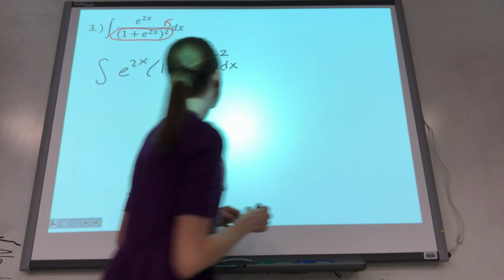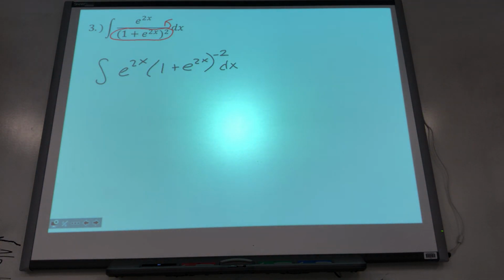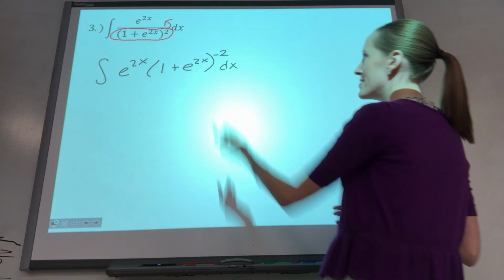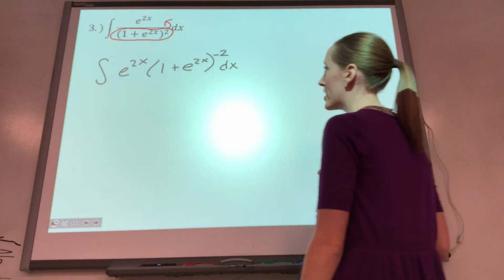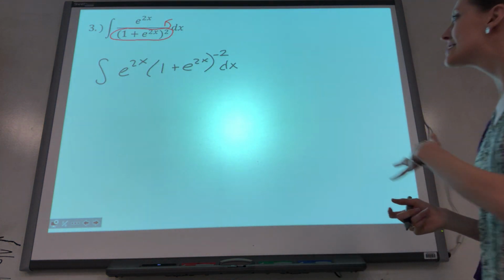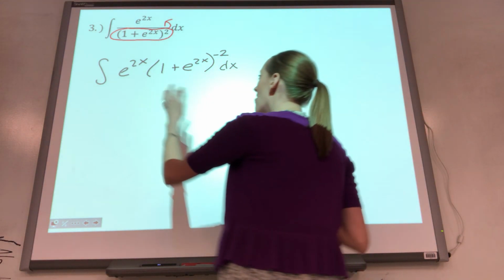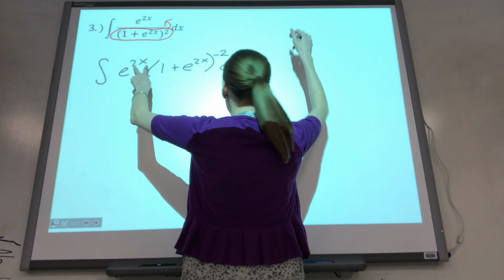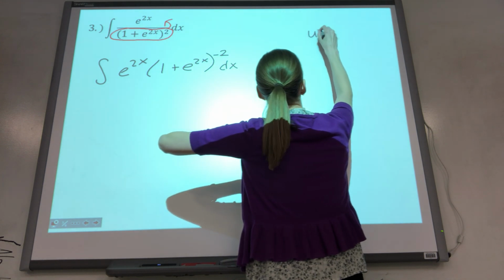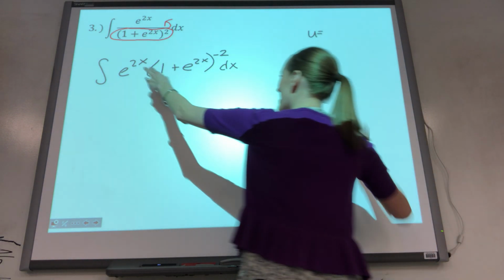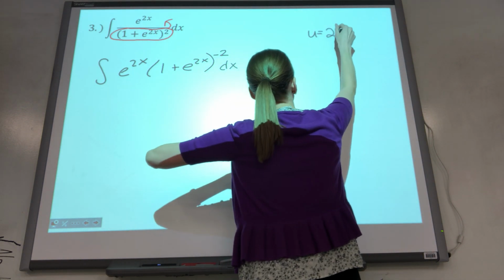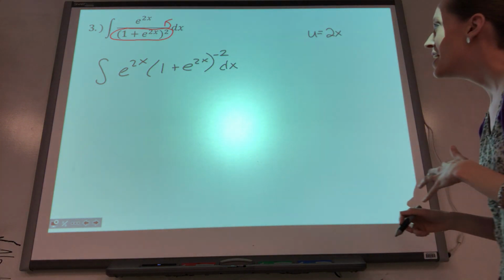You don't have to do that step first necessarily, but I always think that if I'm not going to need du over u, like I had with the natural log stuff, then I'm not really going to want that fraction. I said earlier that a lot of times your exponent is the u.